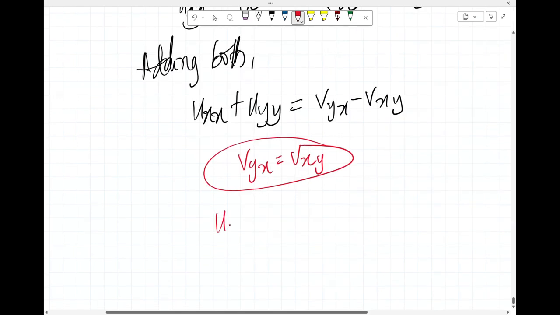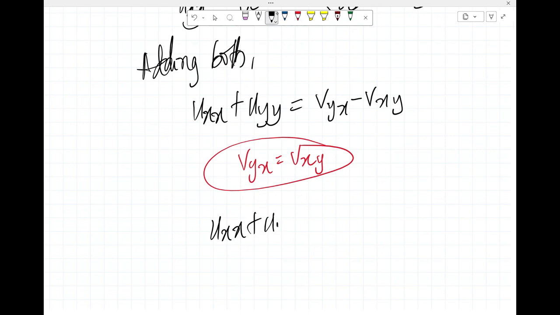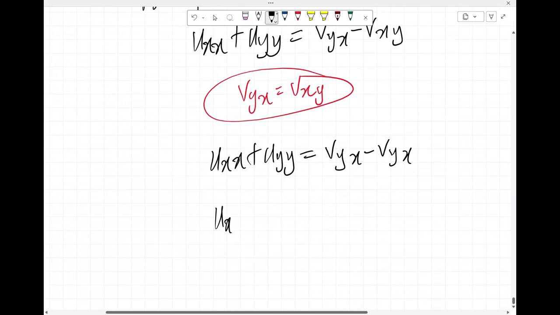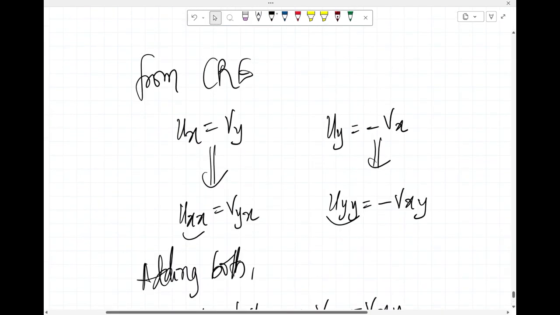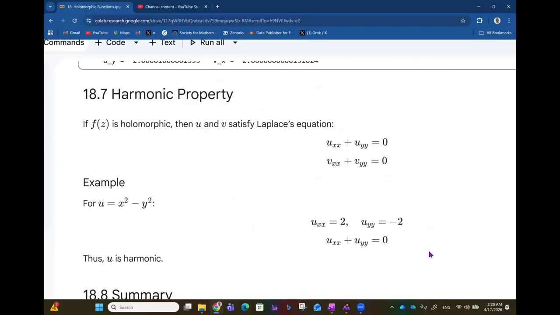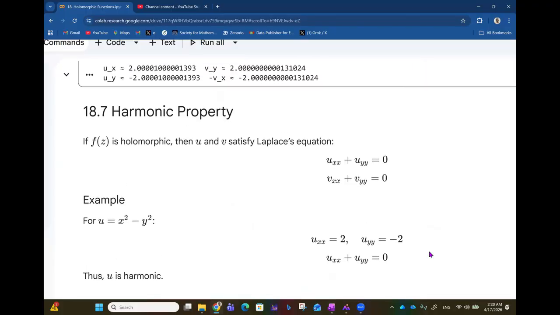So in that case, you have uxx plus uyy equals vyx minus vyx, making this side 0. So you have uxx plus uyy equals 0. You can do the same, you can flip it over too. So that establishes the harmonic property. So we're able to derive this too.